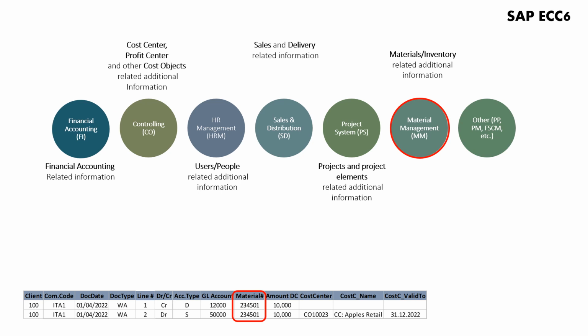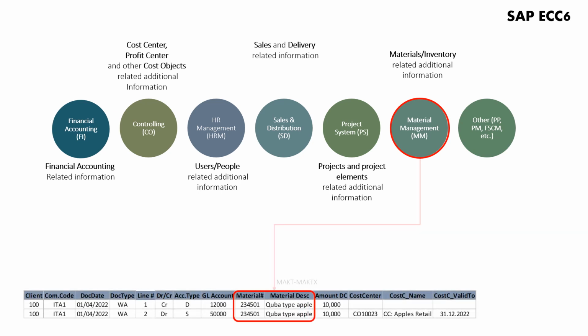Next, you may require supplementary information for the material object involved in your transaction. Further details about materials are stored in the MM module. In this instance, we have included an additional descriptive field for the material from the MAKT table.